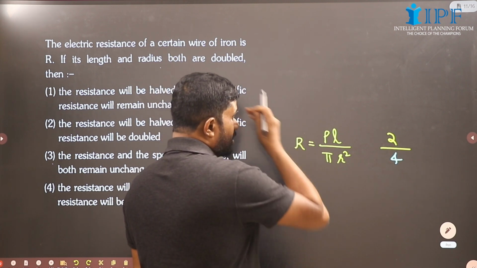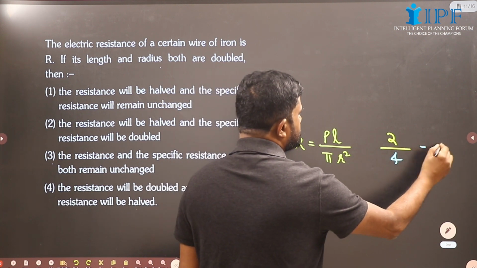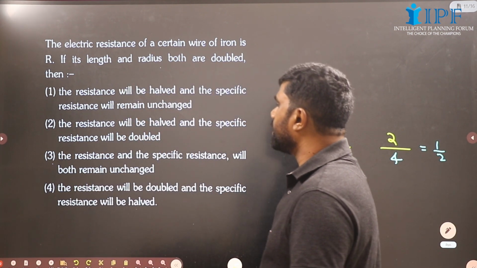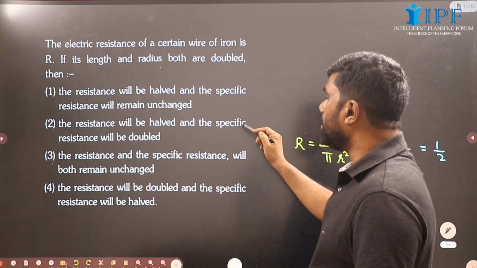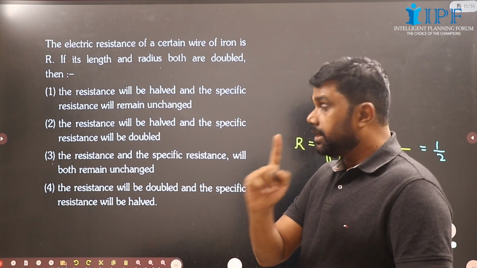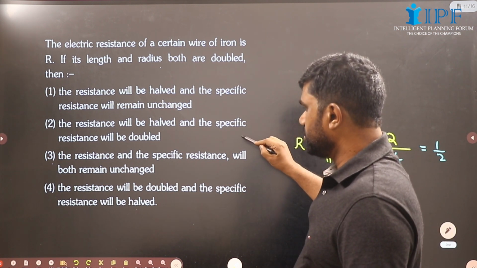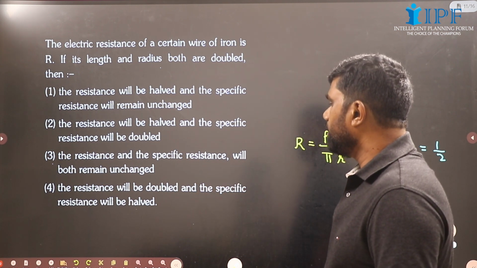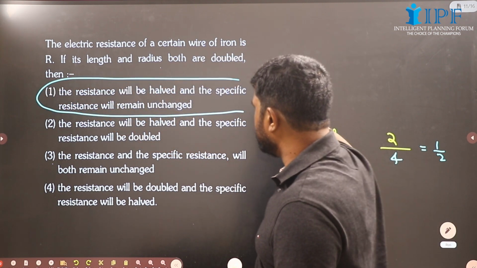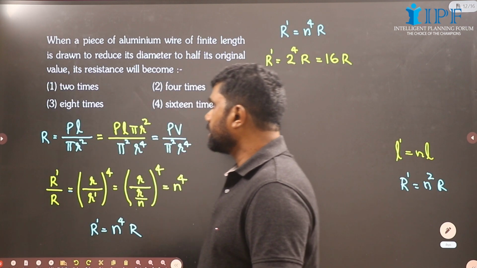So altogether the resistance will become half. Resistance will be halved, and specific resistance being a property of the material, it will remain unchanged. This must be the correct option.